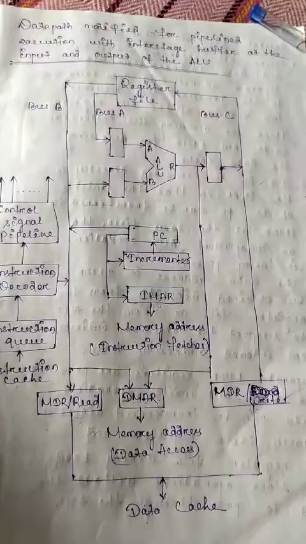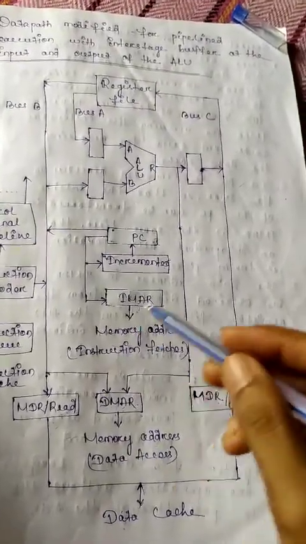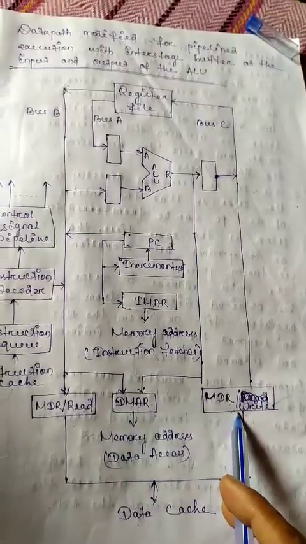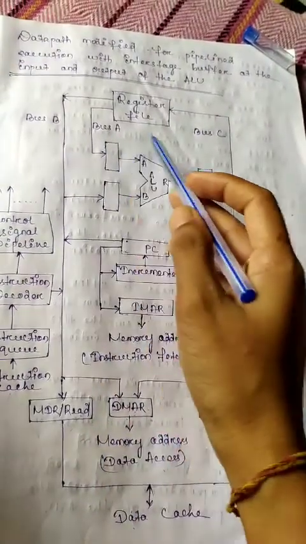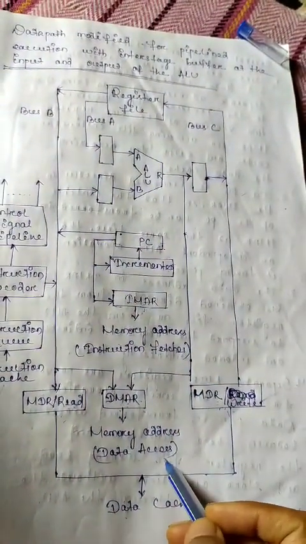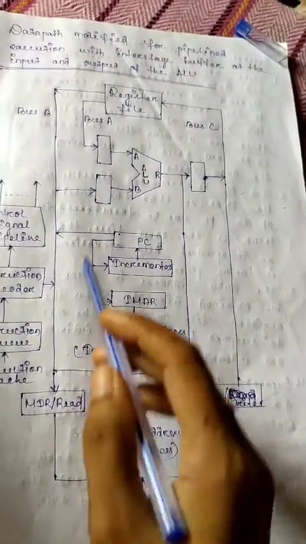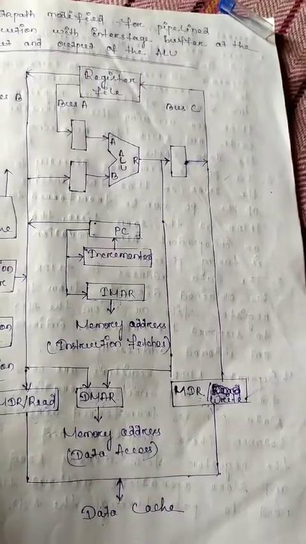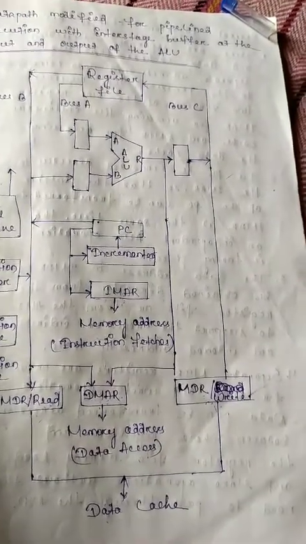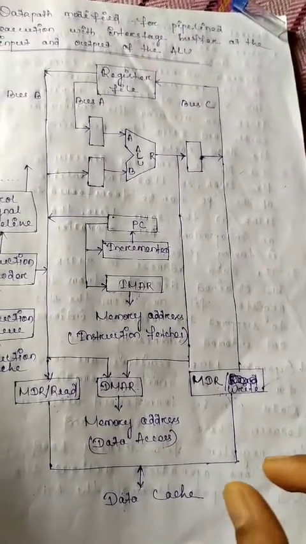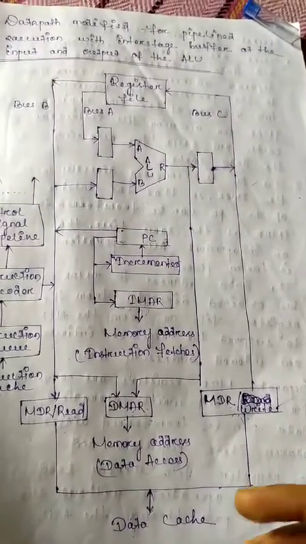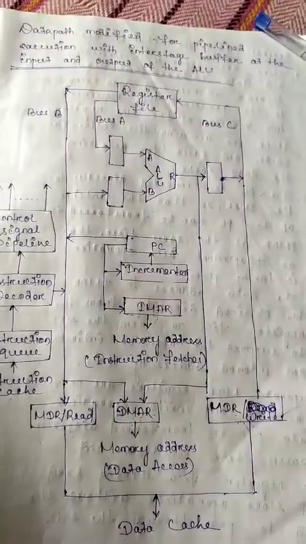So data can be transferred directly between these registers and the register file during load and store operations, without the need to pass through the ALU. In the previously defined 3-bus architecture, we had to pass it through the ALU and then store it in some registers, but here we can interact directly with the register files.